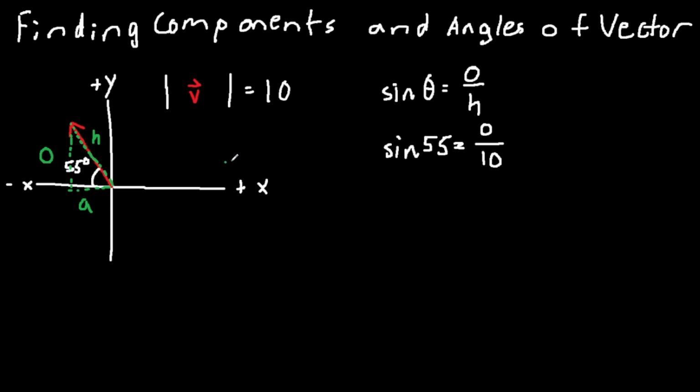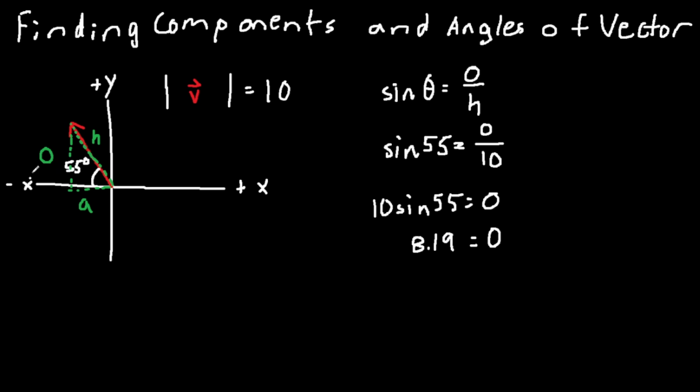Since we have the hypotenuse, we can plug it in and isolate opposite. How do you isolate opposite? You multiply both sides of this equation by 10, and you get 10 times sine of 55 equals opposite. Once you plug that into the calculator, opposite is equal to 8.19.